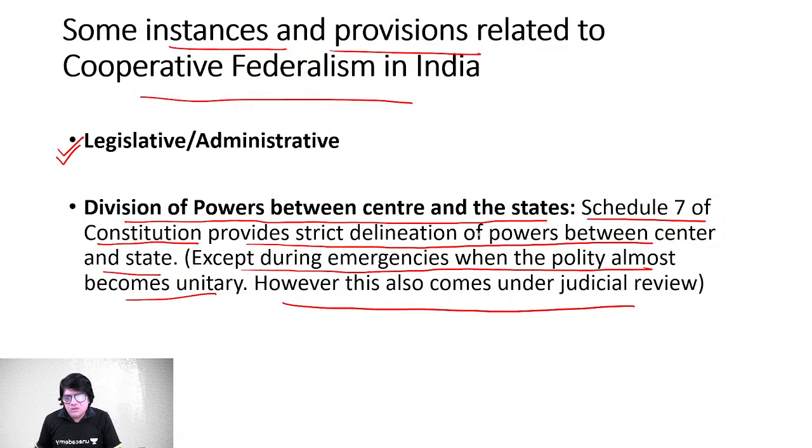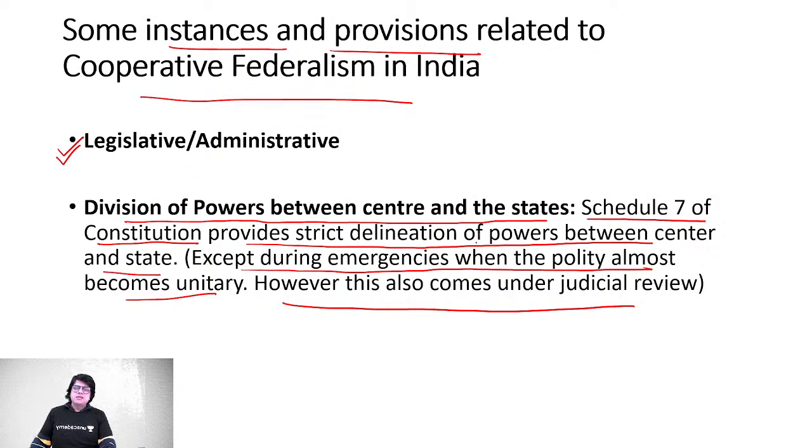So all these particular federal features will require not only a special majority of the parliament, but also ratification of at least 50% of the state legislatures. That means that 14 of the 28 states, the legislatures of 14 states, must ratify and concur to the changes which are federal in nature.